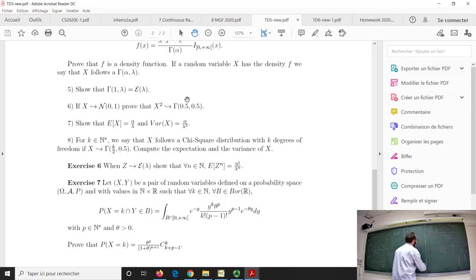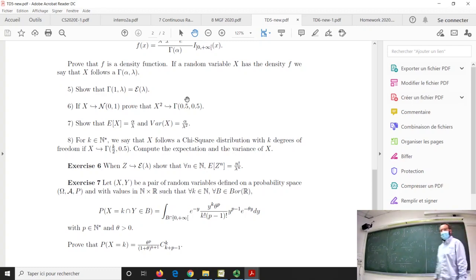And I obtain lambda to the power alpha over gamma alpha, times gamma alpha plus 2 over lambda alpha plus 2, that is equal to what? I can simplify the lambda to obtain 1 over lambda square, and I have gamma of alpha plus 2 over gamma of alpha. It is just this last expression that I have to handle.